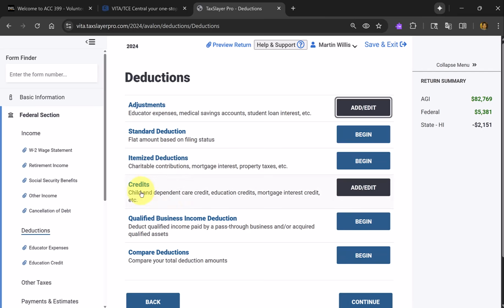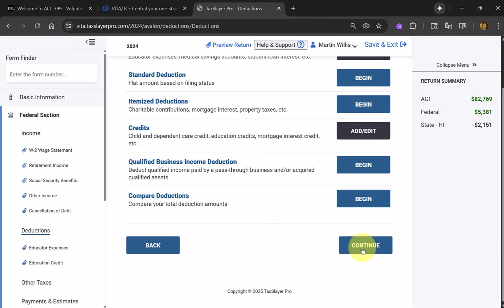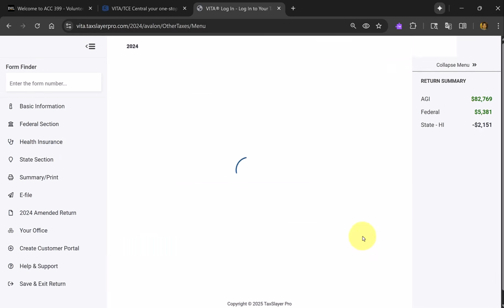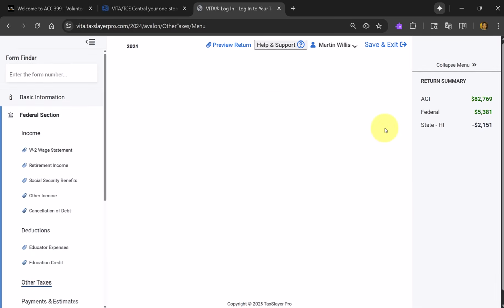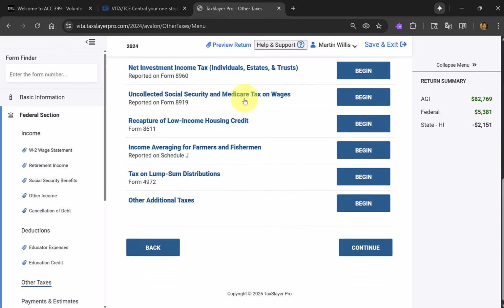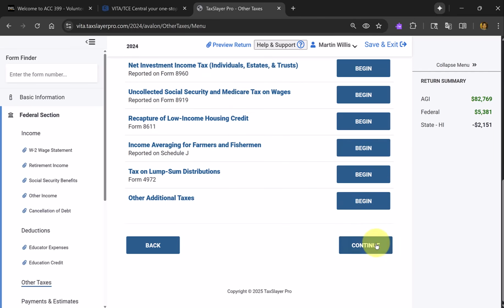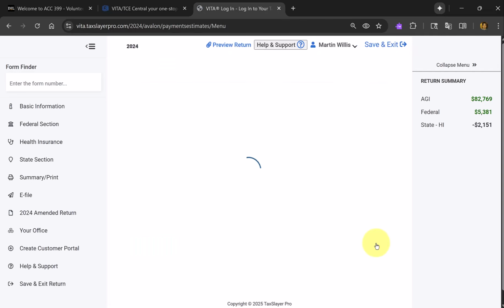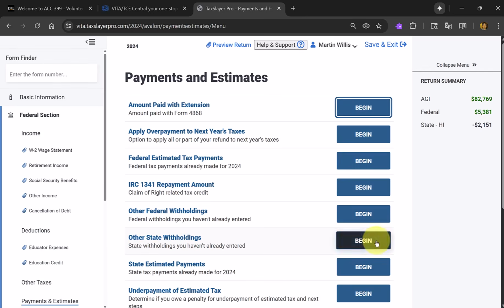I just came from here. Credits. Continue. I don't have any other taxes to calculate, so I continue. Any outside of payments from withholdings, yeah, would be entered here.